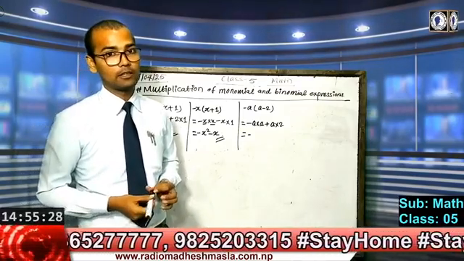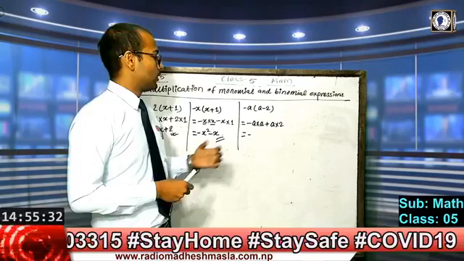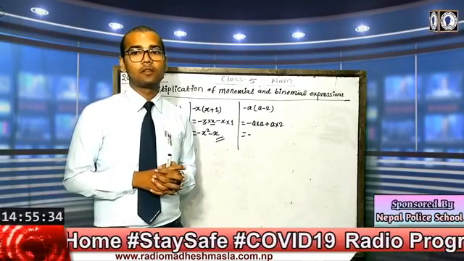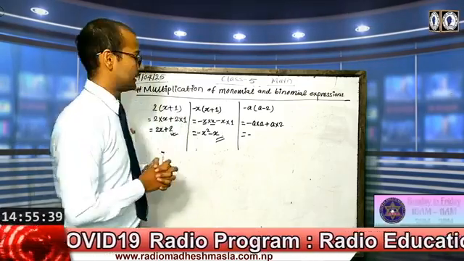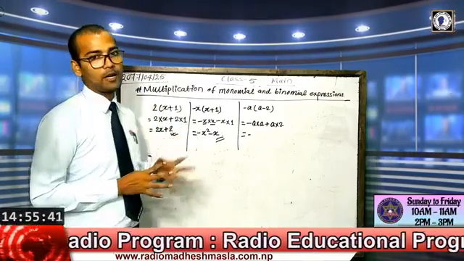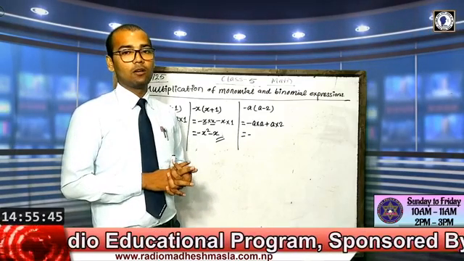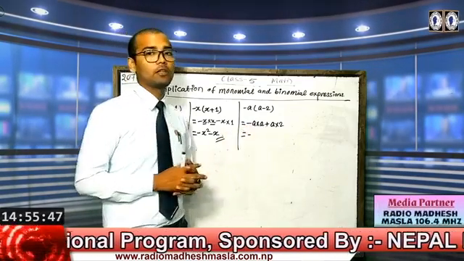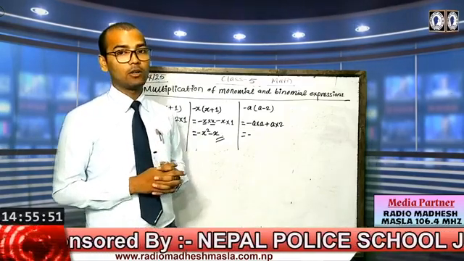In multiplication, remember this thing: we judge the terms by their power and base only in addition and subtraction, but in multiplication we judge only by their bases, not by their powers.